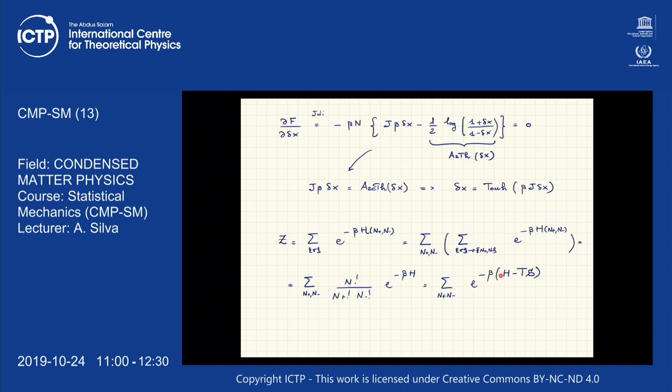Because it's extensive, right? There is an n in front of everything, so I have to minimize this term, and this term, at its minimum, is going to dominate the whole sum. So this is going to be approximately e to the minus beta n times the free energy density at the minimum. So that's the logic.